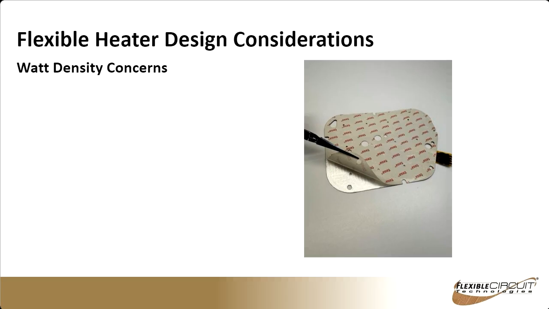The foil we put on will pull the heat away and spread it out over the entire area. So even the areas that are not covered by traces will be able to conduct some of that heat into your heatsink. That's an inexpensive way to give yourself a little bit higher watt density on a heater that's on a low conductivity heatsink.